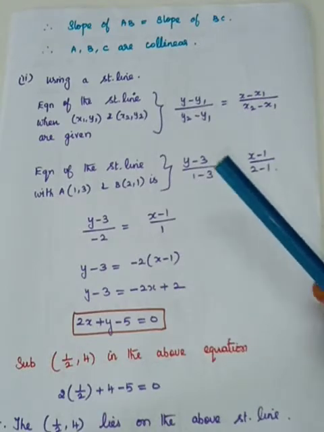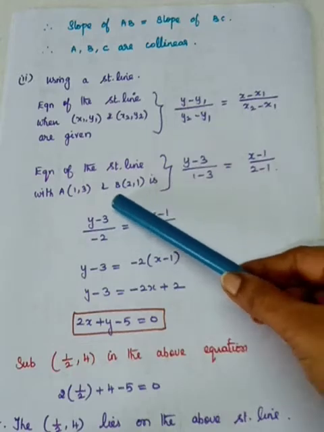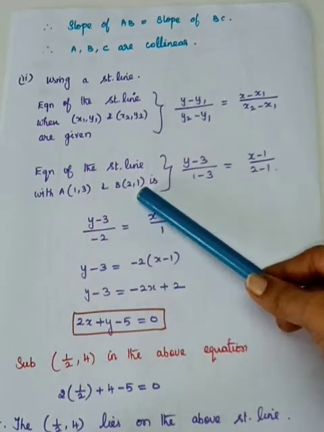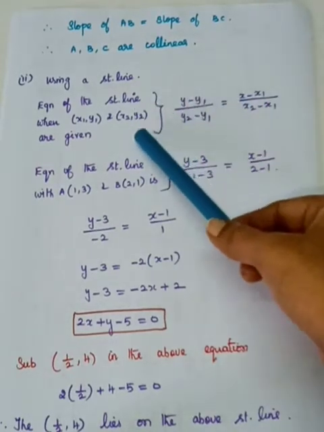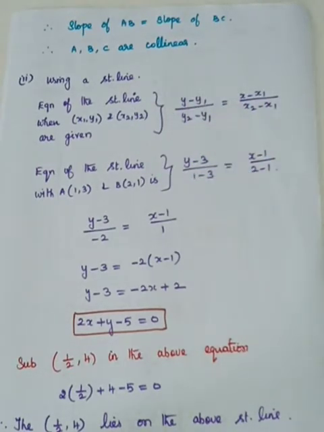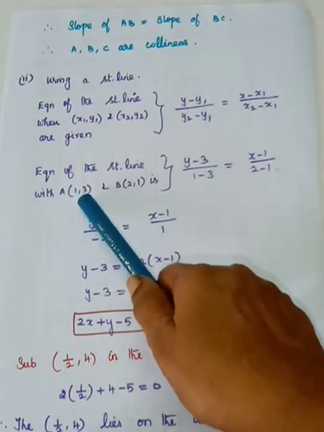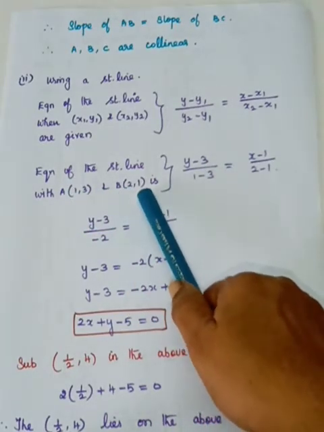I'll take point A and point B. 2 points are given. How to write the equation of the straight line? Using this formula: (y minus y1) divided by (y2 minus y1) is equal to (x minus x1) divided by (x2 minus x1). This is your (x1, y1) and this is your (x2, y2).